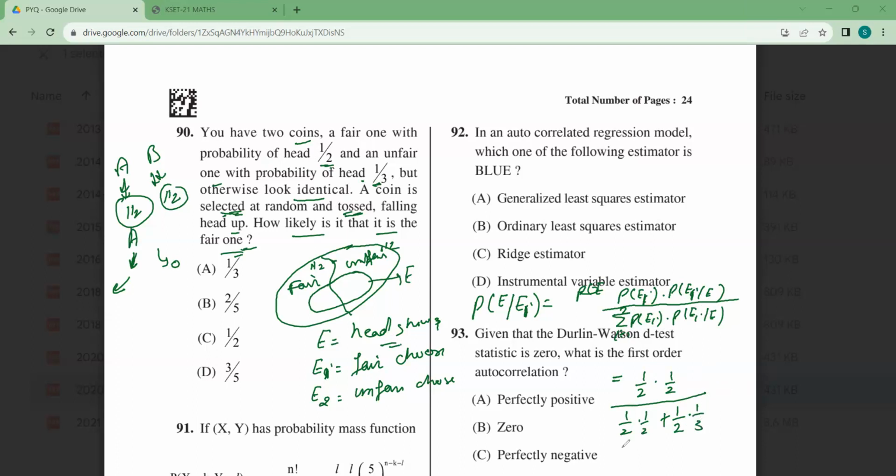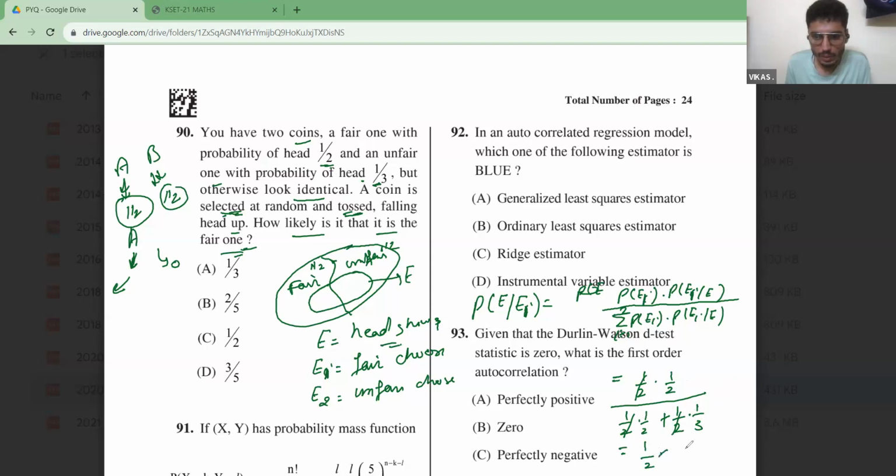I can cancel the 1 by 2 terms, and the calculation gives 3 by 5. Luckily this has an answer as well. So this is the application of the Bayes theorem, as simple as that.